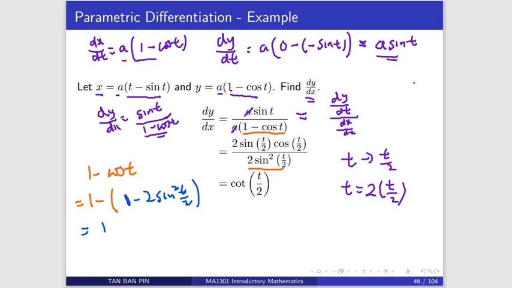If you expand out, it will be 1 − 1 + 2 sine squared t/2. The 1 and 1 cancel, so we are left with 2 sine squared t/2. So 1 − cosine t is 2 sine squared t/2.